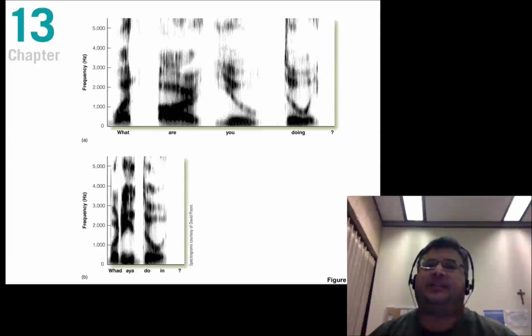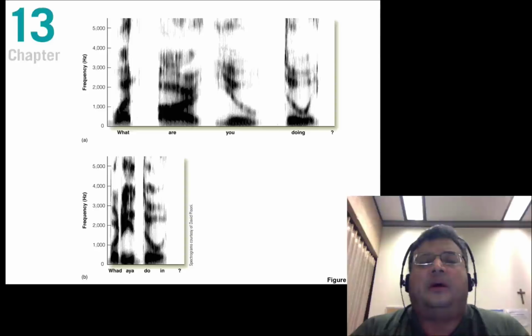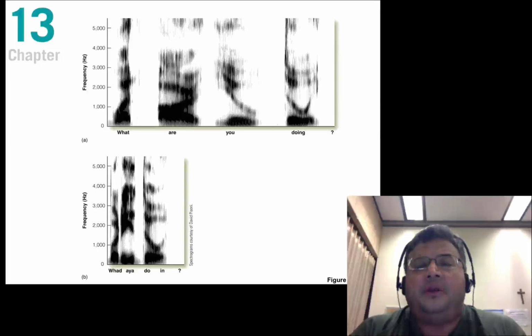Here's an example, right? This is an example of two audio spectrograms. They're both understood to be the same thing: "What are you doing" and "What you doing," right? Notice that, first of all, semantically, the meaning of both of these sentences is identical. However, they sound very different.